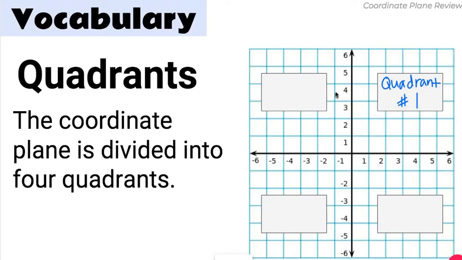And it actually goes in counterclockwise order. So to the left is quadrant 2. Then quadrant 3. And quadrant 4.